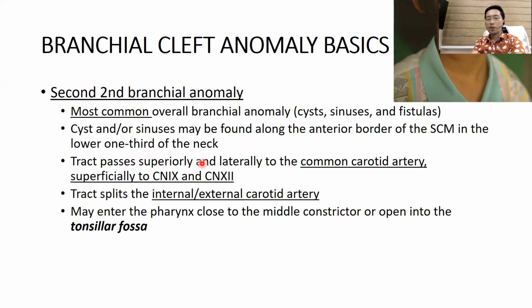The tract passes superiorly and laterally to structures such as your common carotid artery, and is superficial to cranial nerve 9, your glossopharyngeal, and cranial nerve 12. Remember that this tract splits the internal and external carotid artery. The difference with the second branchial anomaly is that it enters the pharynx close to the middle constrictor and opens into the tonsillar fossa.